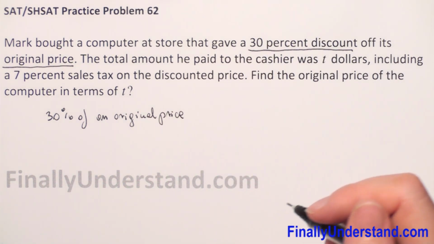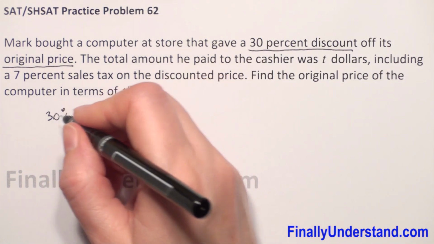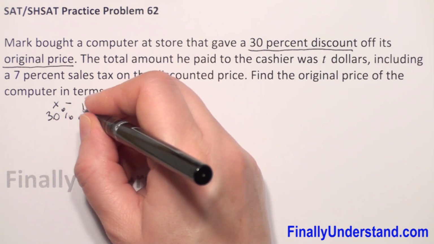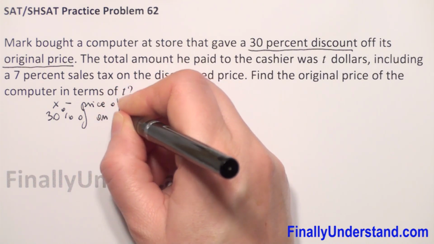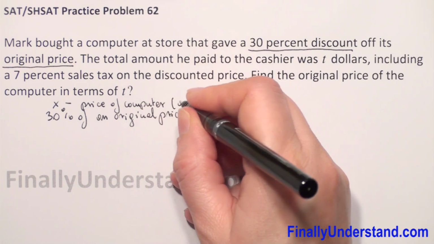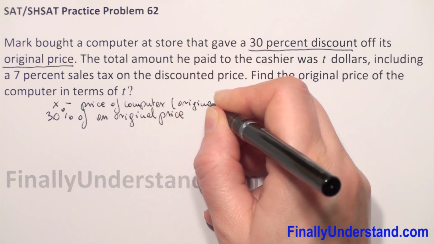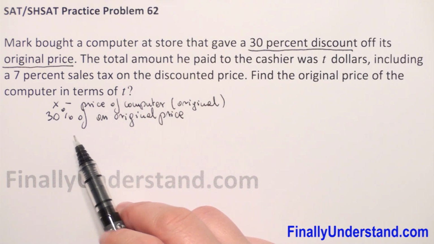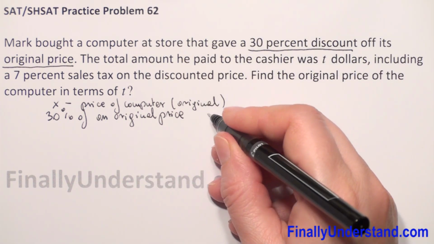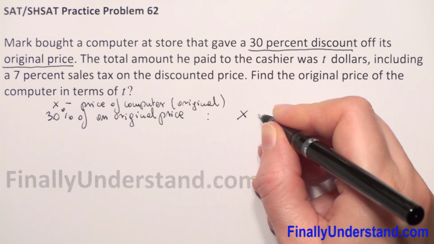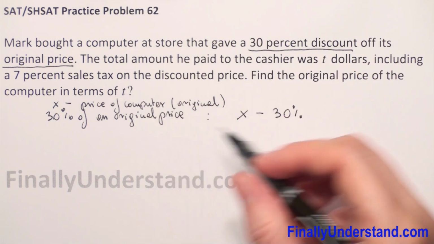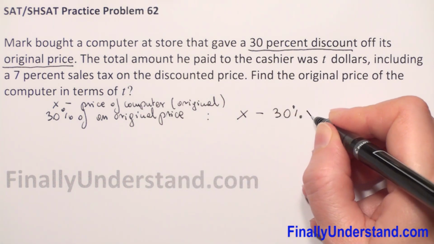If we write that X is the original price of the computer, then when we have 30% of original price, what do we have to do? We have to subtract from the original price 30% of the original price, so of our X.